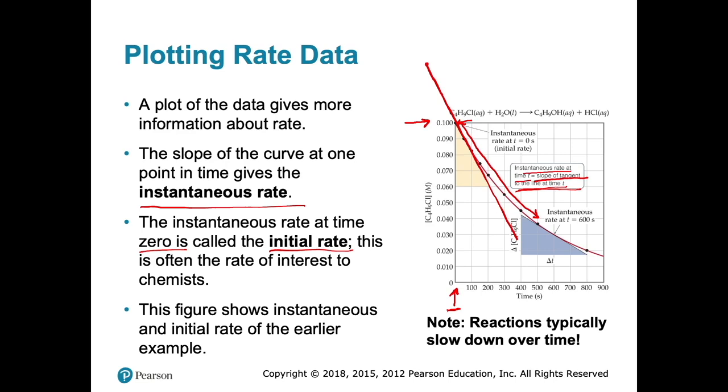Okay, and so when I do that, what I need to find now is the slope of this line, because the slope of that line equals the instantaneous rate at that point.